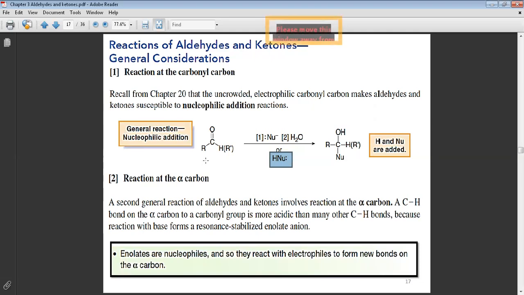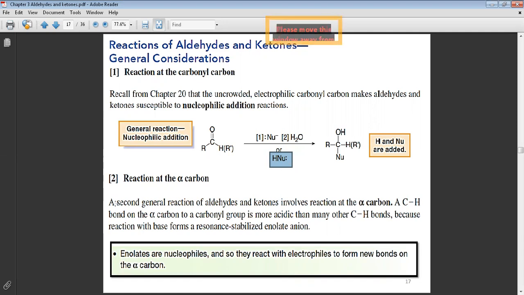Here the alpha, beta, gamma. For this reason, if you have any base, the base can react with the alpha hydrogen, remove it, to give you an anion, and the anion will go to further reaction.